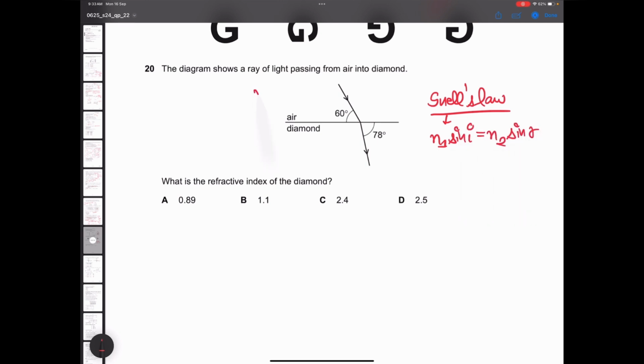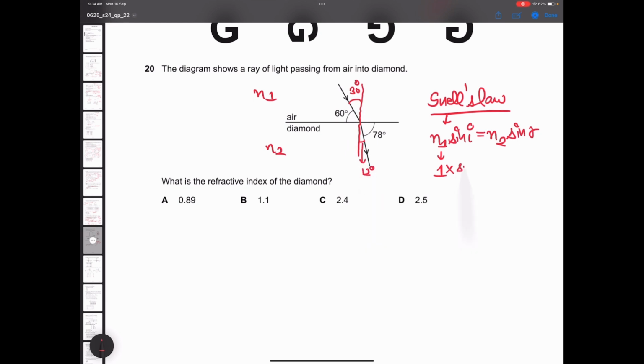This is your n1 and this is n2. n1 is air, and air's refractive index is 1. And what is the angle of incidence? You draw a normal from here. Angle of incidence will be 30 degrees and angle of refraction will be 12 degrees.